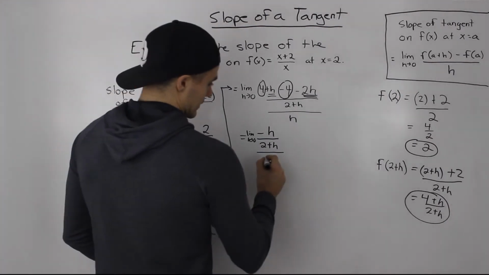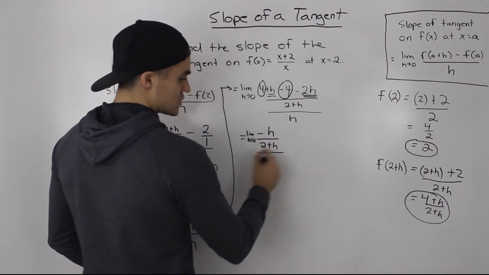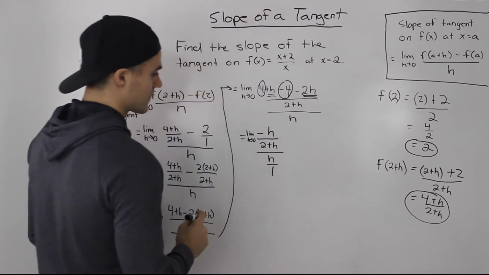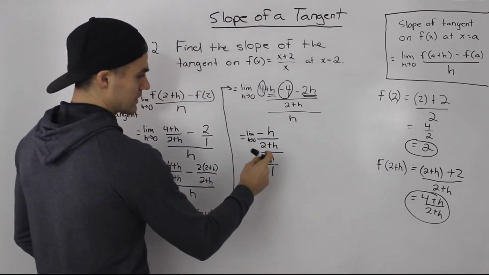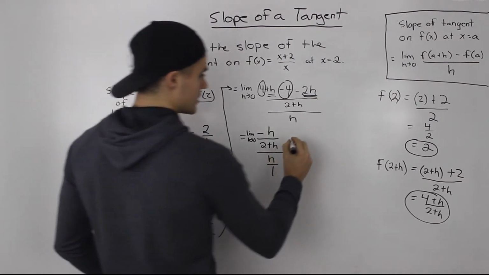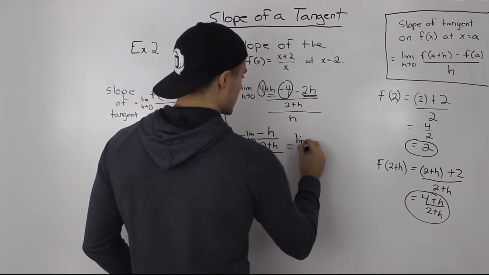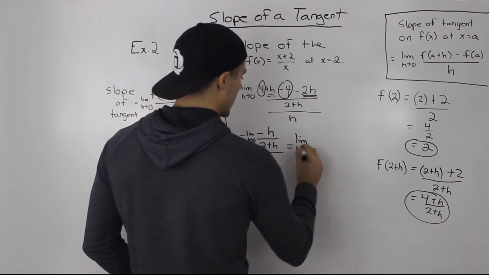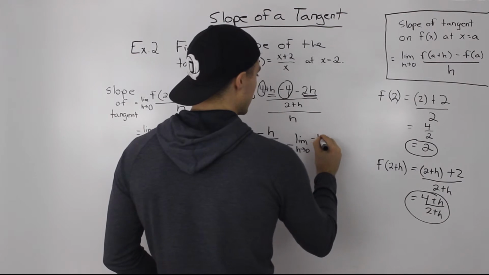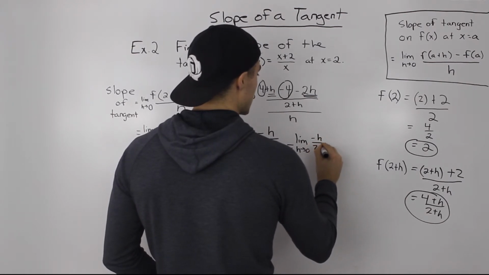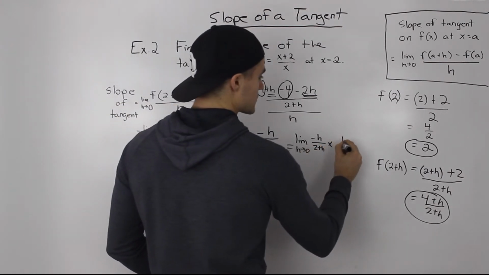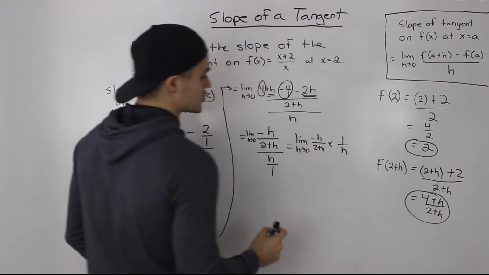So, negative h over 2 plus h divided by h, let's put this h over 1. So what we're doing here, it's like we are dividing two fractions. And what happens when we divide fractions? We have to flip the second one and then we can multiply them. So we'll have negative h over 2 plus h times, when we flip it, 1 over h.